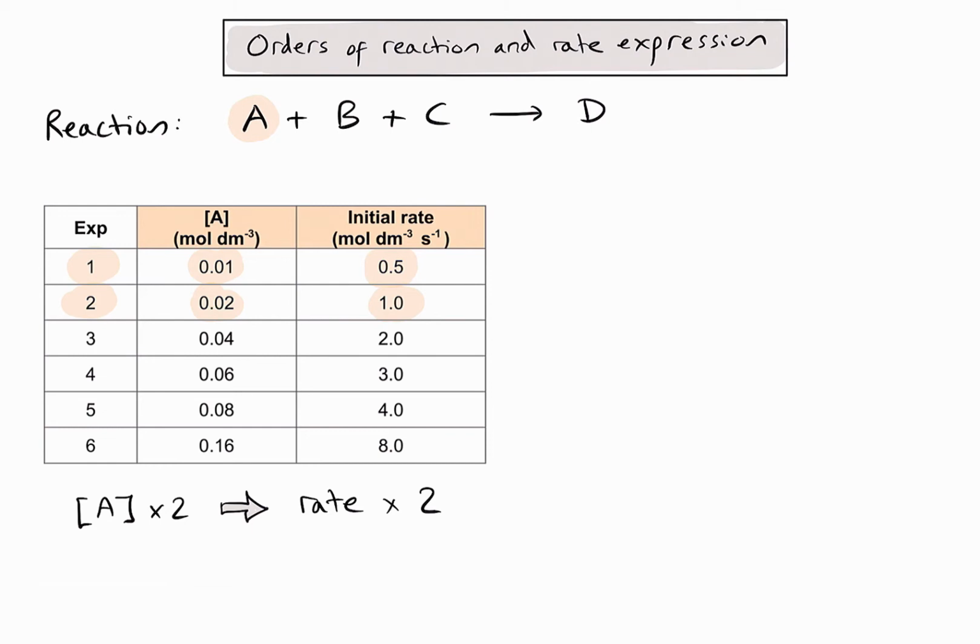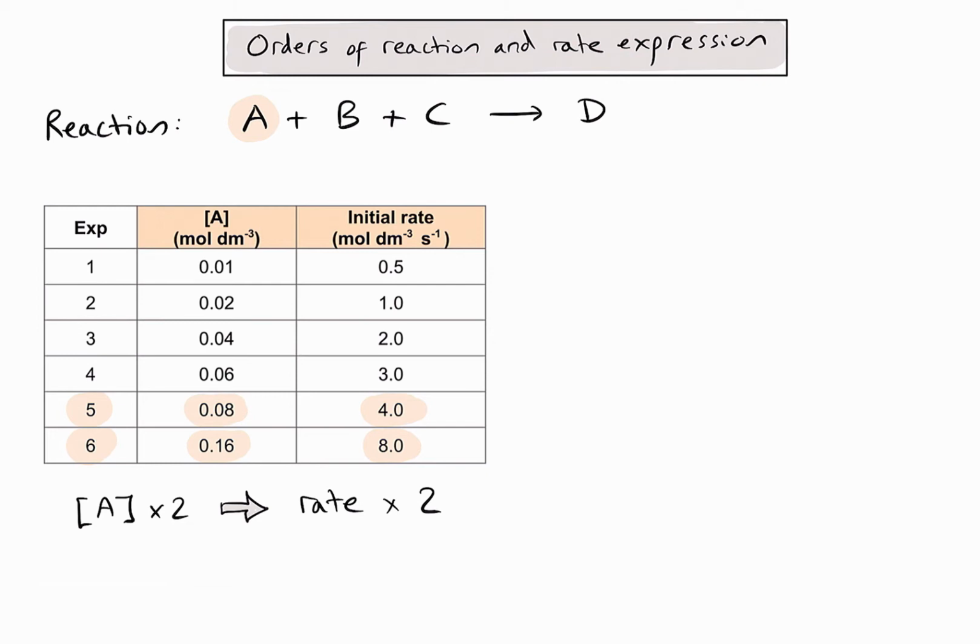Let's double check by comparing two other experiments in my table of data. Let's take experiments 5 and 6. Again, I see that by doubling the concentration of A from 0.08 to 0.16, I see a proportional impact on the rate. It also doubles.